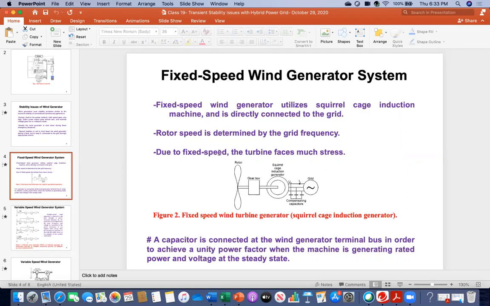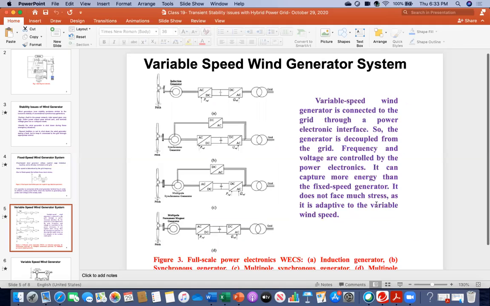When there is high wind speed, it should produce much power, but because I am maintaining a constant speed, and constant speed means, if you remember that voltage equation, E = 4.44 f N k ω, we are neglecting some of the capturable energy. That's why, if you compare with the variable speed one, it can capture more energy.